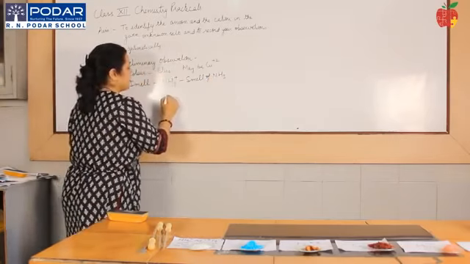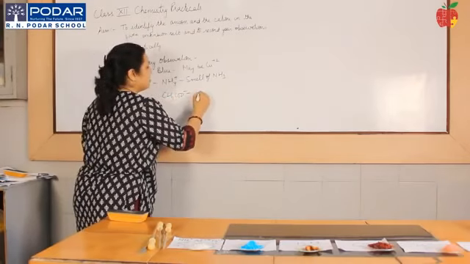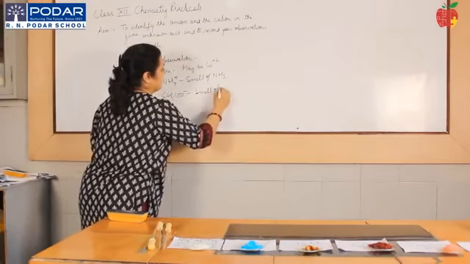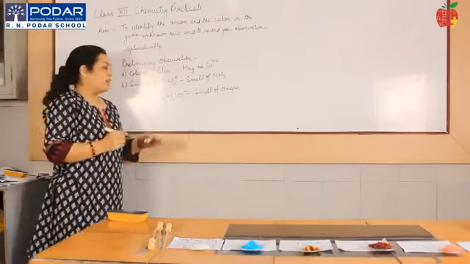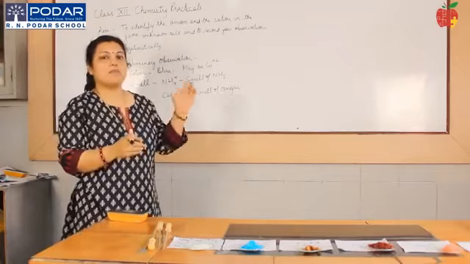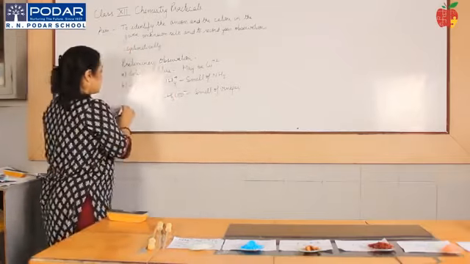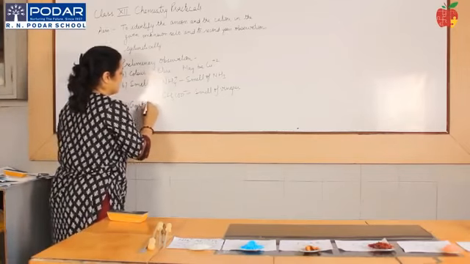Or your acetate salts, okay, they will give you smell of vinegar. Otherwise, you may have sometimes a pungent smell, unpleasant smell, which you can mention out here. Then the third thing that you observe is your crystalline or amorphous.